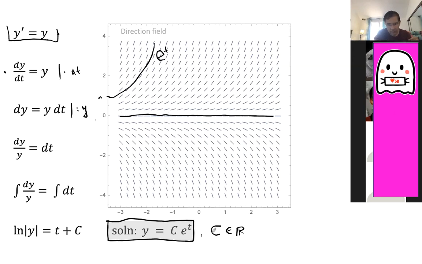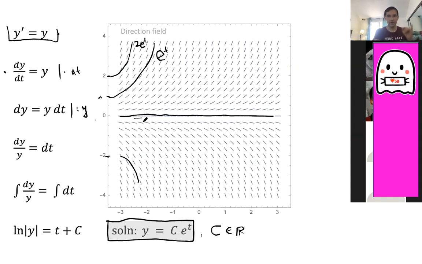When c is equal to 2, I have the solution 2 times e to the t. When c is equal to negative 2, and so on, I have so many solutions. I don't want to draw more of them, but we have a lot of them.